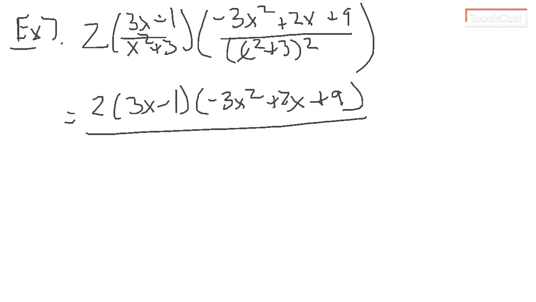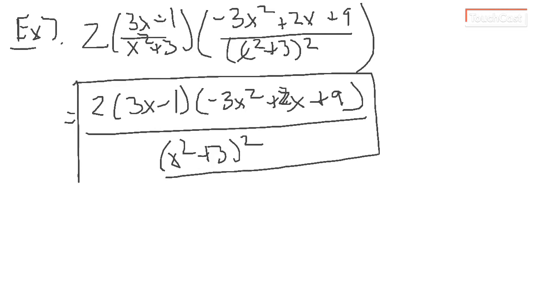So let's just rewrite this as x squared plus 3 cubed. Now you could keep going and distribute your 2 and FOIL some stuff, but I'm lazy and I say this is a good enough spot to end this example, which this derivative looks pretty complicated, but we did it.